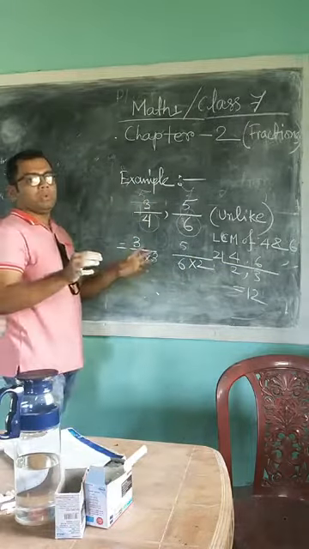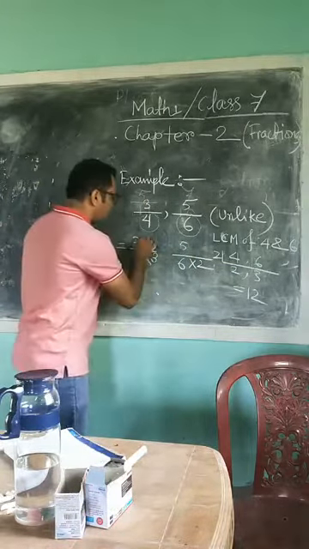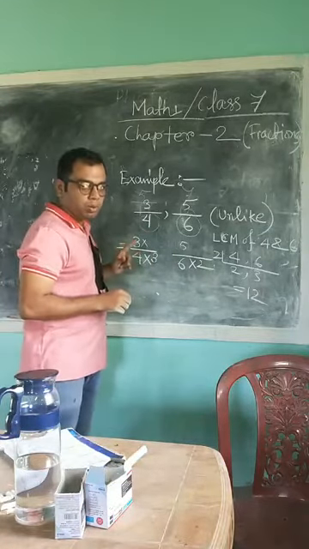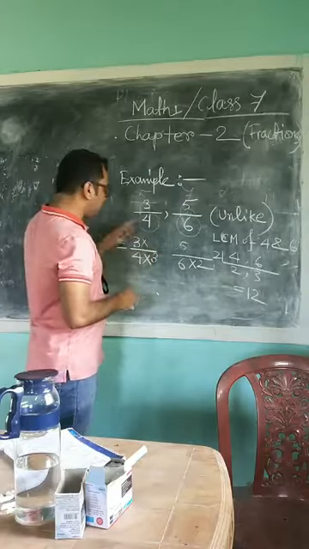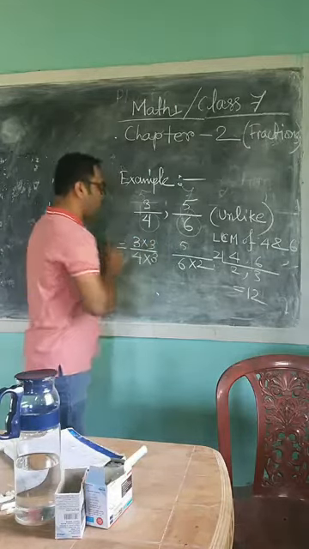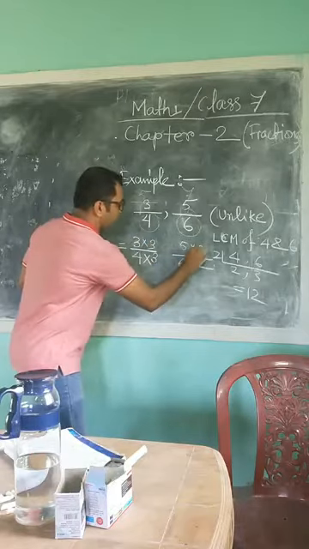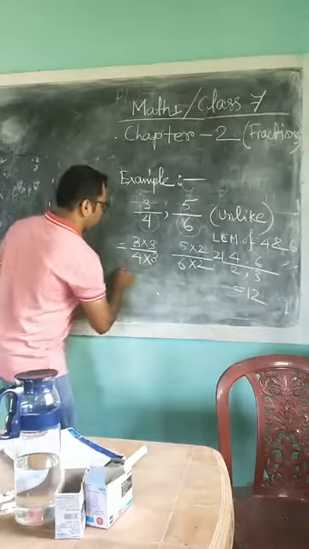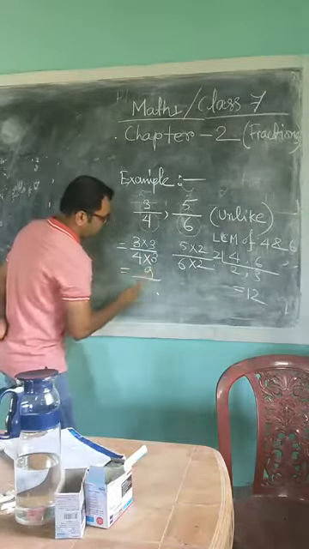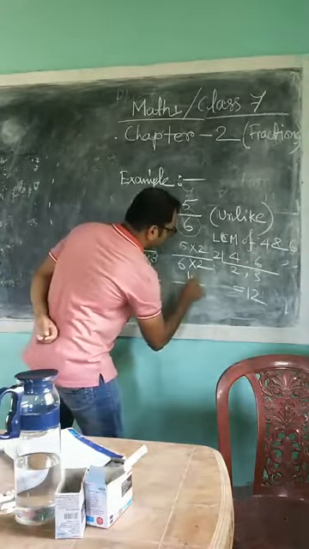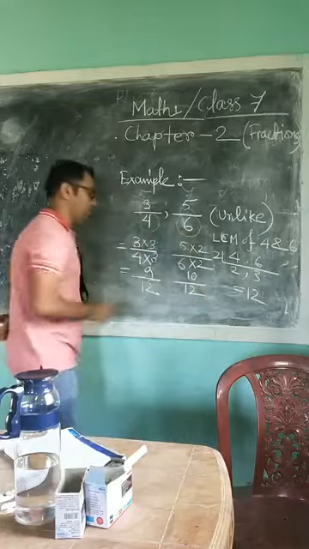We have to do the same thing with the numerator, because we have to maintain the same value. So we multiply with 3 and with 2. 3 3s are 9, so 9 by 12 and 10 by 12.